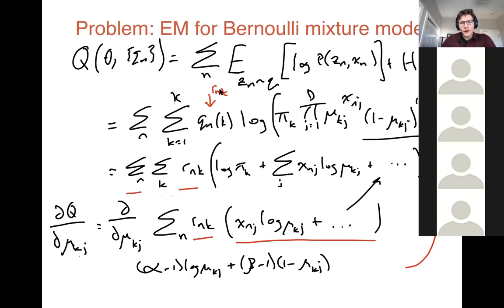By the way, I don't think we've defined the term conjugate prior in this course. A conjugate prior is one that has this nice property where you'll notice when you do the math that the alpha just gets added to our sum of xnj's, and beta gets added to our sum of 1 minus xnj's. And so alpha minus 1 and beta minus 1 end up being kind of pseudo counts.